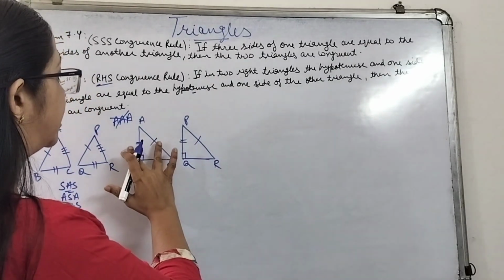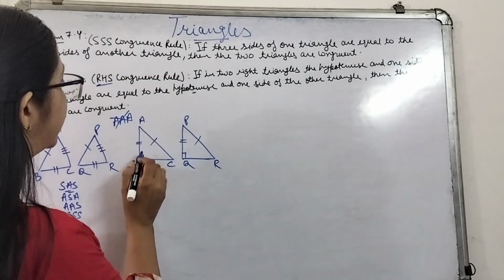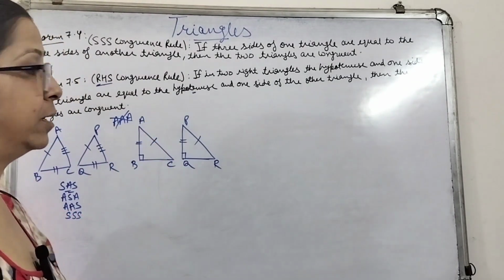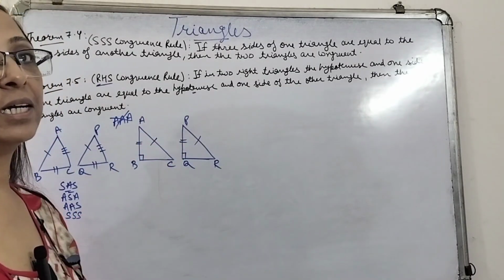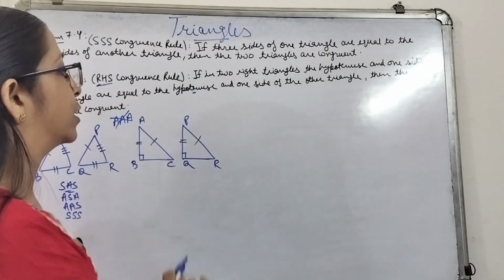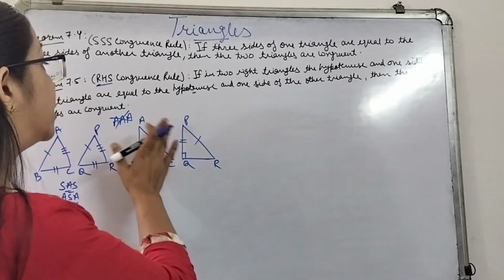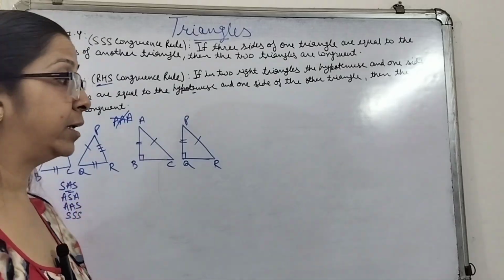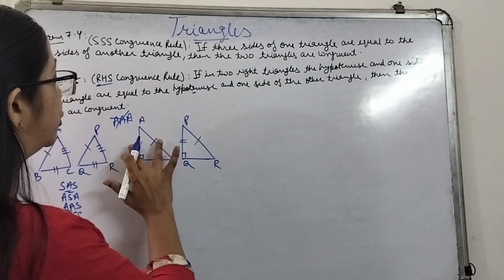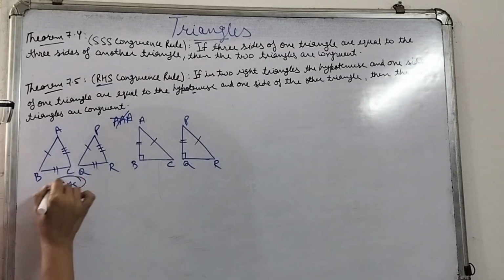Over here we can see that two sides and one angle are there, but here the angle is not the included angle. This angle is not in between the two sides which we are considering, but still they are congruent because it is the property of a right angle triangle. In normal cases, if it is not a right angle triangle, then for two sides and one angle, the angle should be the included angle.